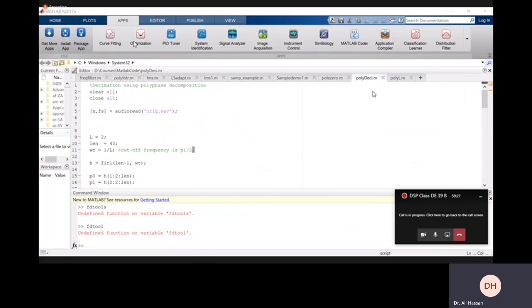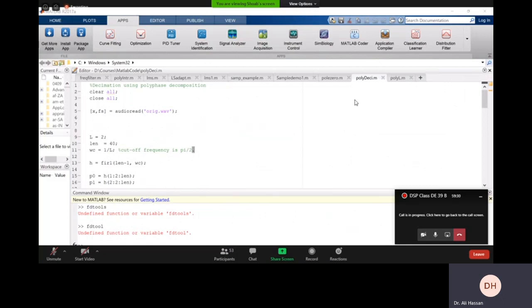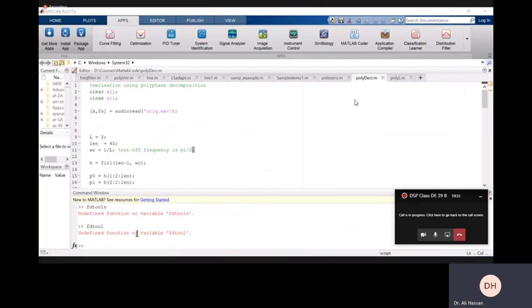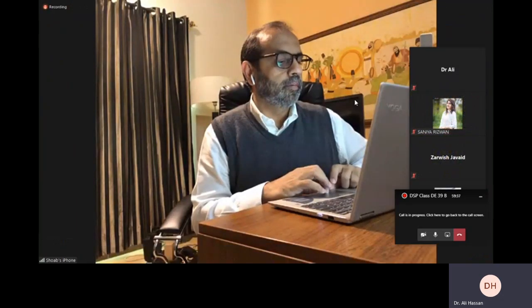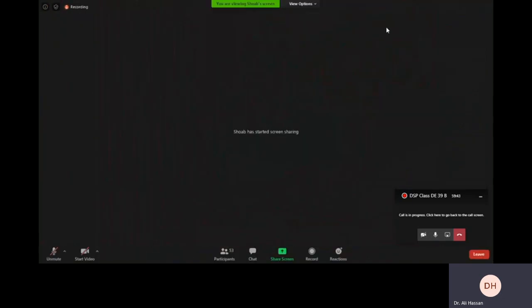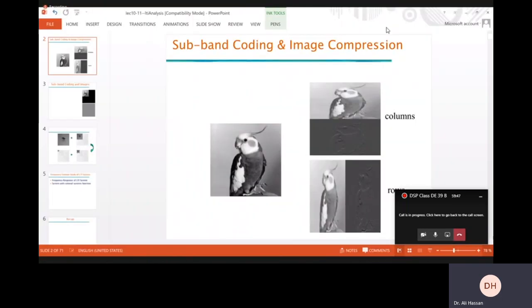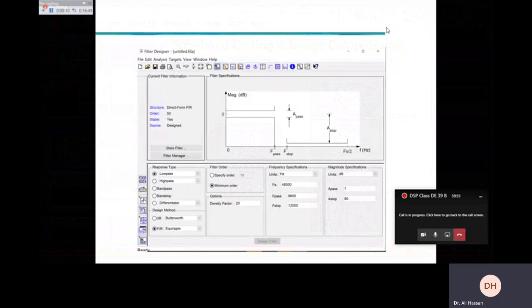Now let's go back. We have seen that once you design a filter, an FIR filter or any type of filter, you must go and look into the frequency response and the group delay and see whether it is a constant or not.